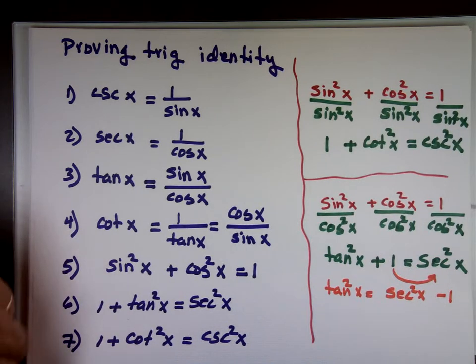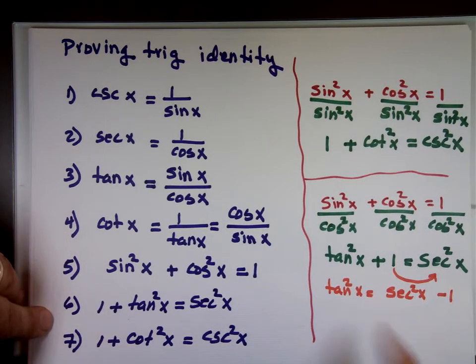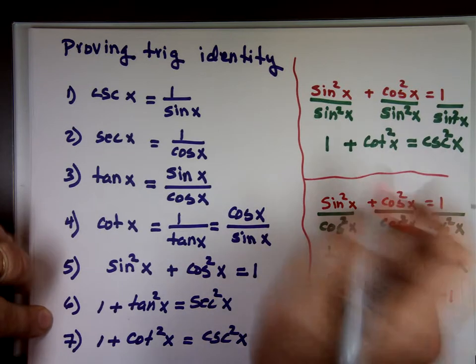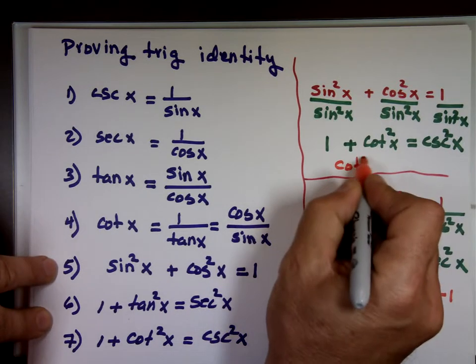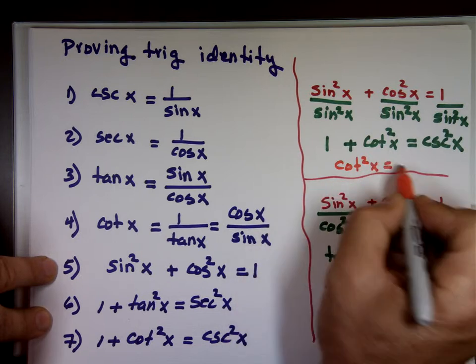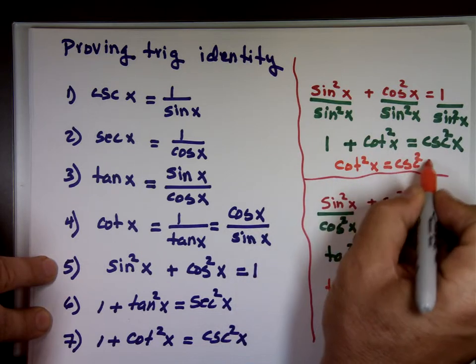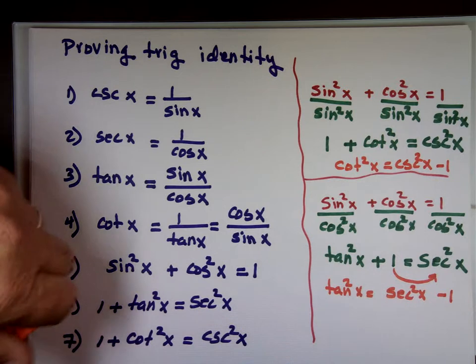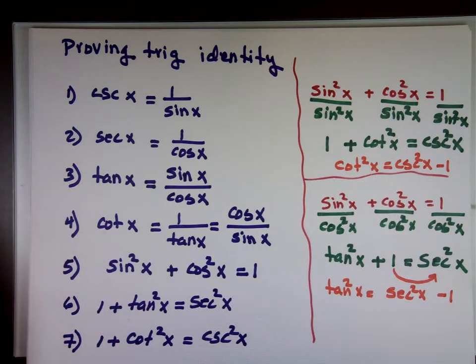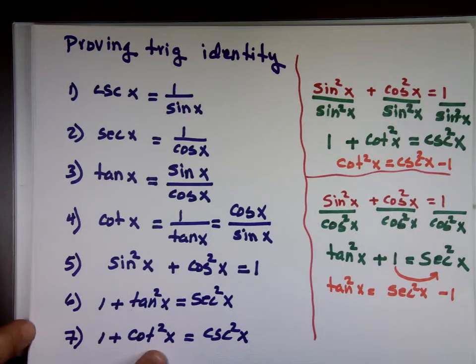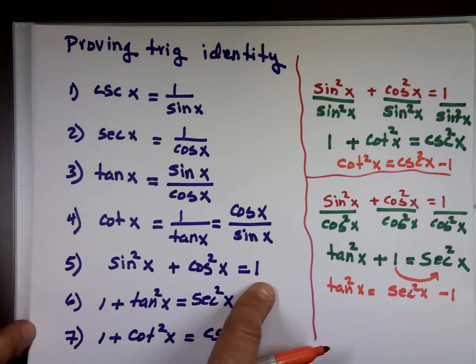So sometimes they give you that as a new equation. It's really nothing more than playing with these. If I move the 1 to that side, what do we have? Cotangent squared x equals cosecant squared x minus 1. So we can sit down, play with this, and keep writing equation after equation after equation. Just playing with the algebra. It looks like we have different equations. It's not. It's that one. We just played with the math.